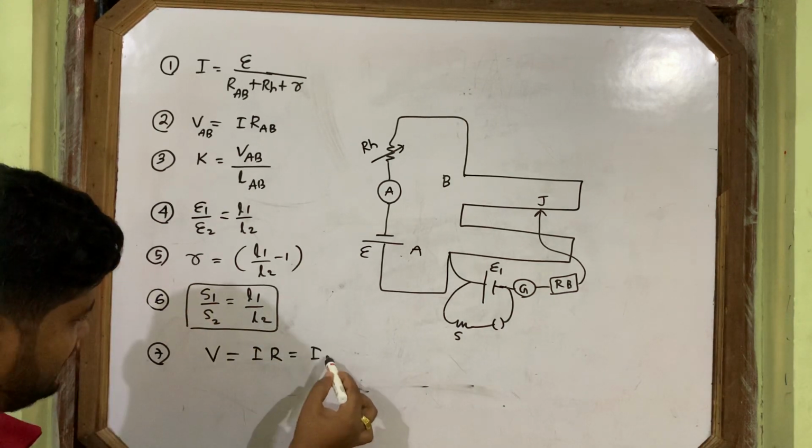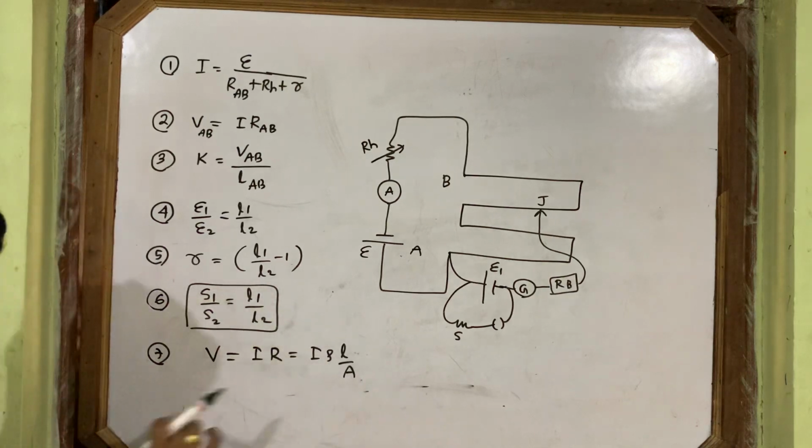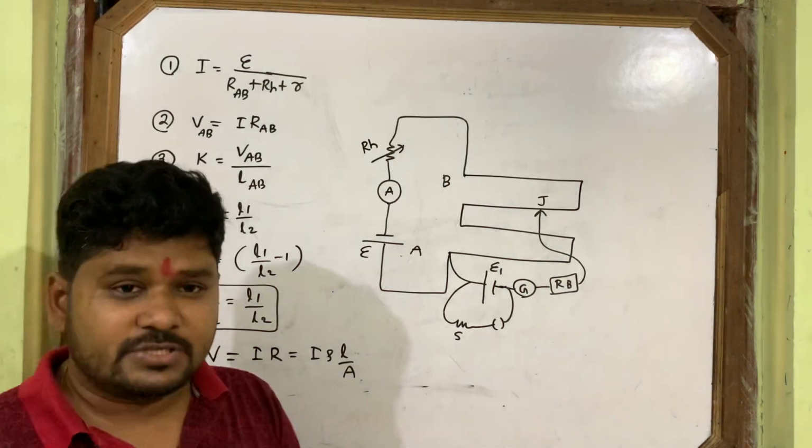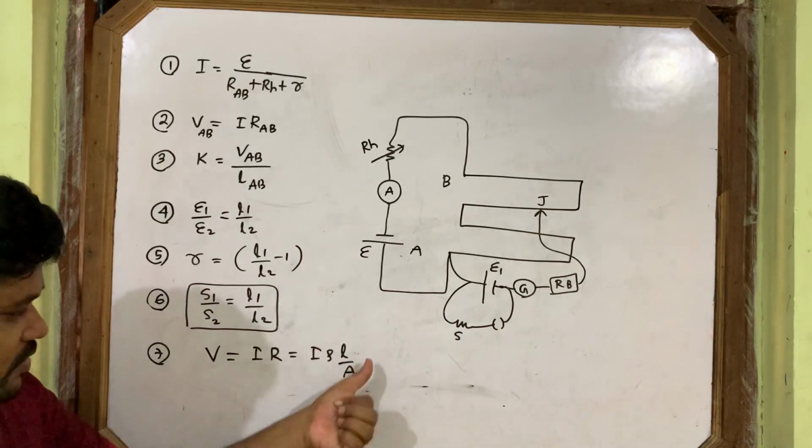Then R is rho L by A. So this is the formula: V is equal to IR, and in place of R I wrote rho L by A.